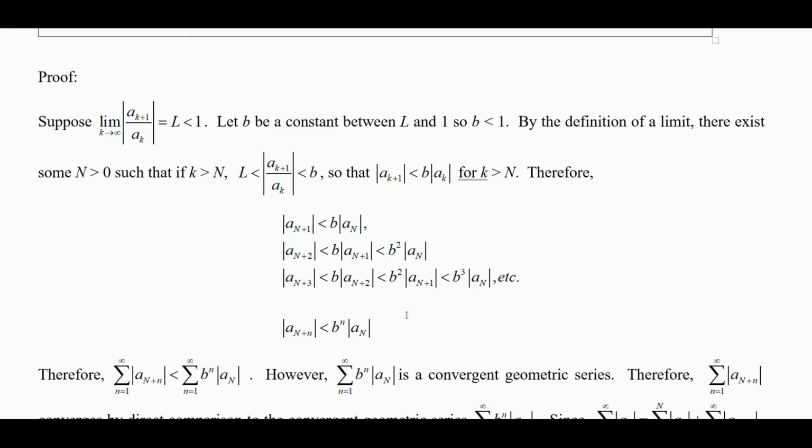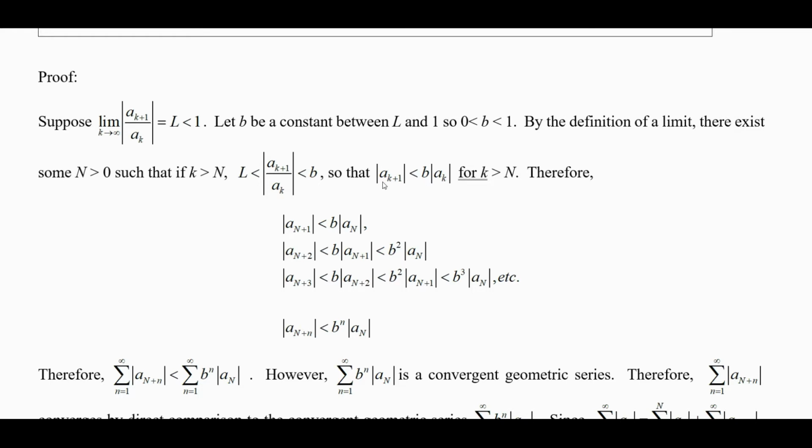So by definition of a limit, there's some N greater than 0, such that if k is greater than N, then this thing here is got to be within epsilon of that limit. Well, epsilon is our B here, and so L is less than this thing here, which is less than B.